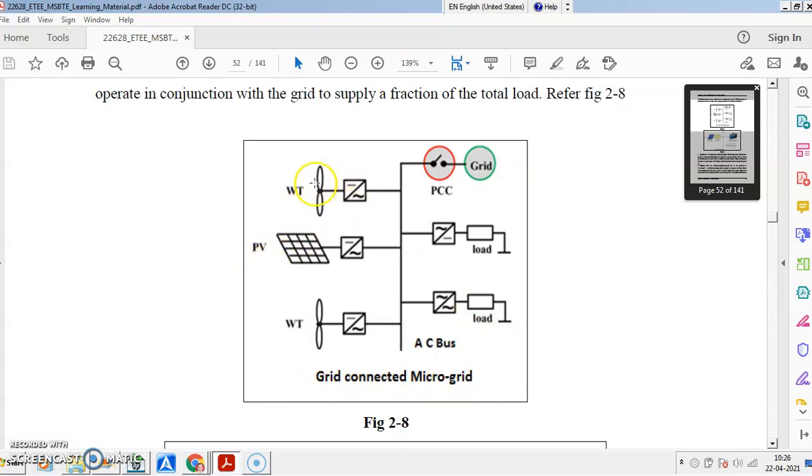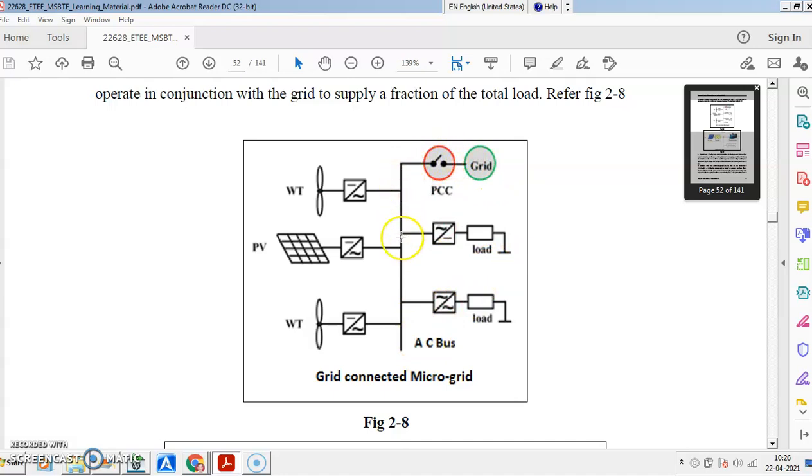So you are having wind, you are having solar, you are having wind turbine, so you are having the generation and then conversion, then you are having the micro generation available with micro sources. Okay, and this is your main grid.